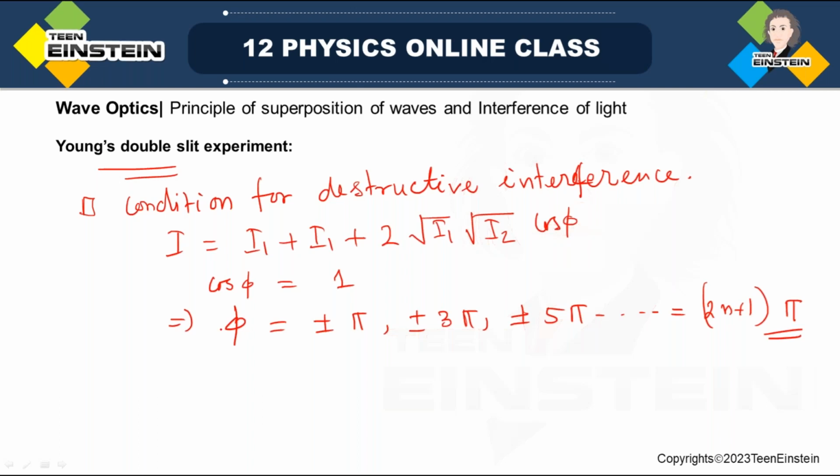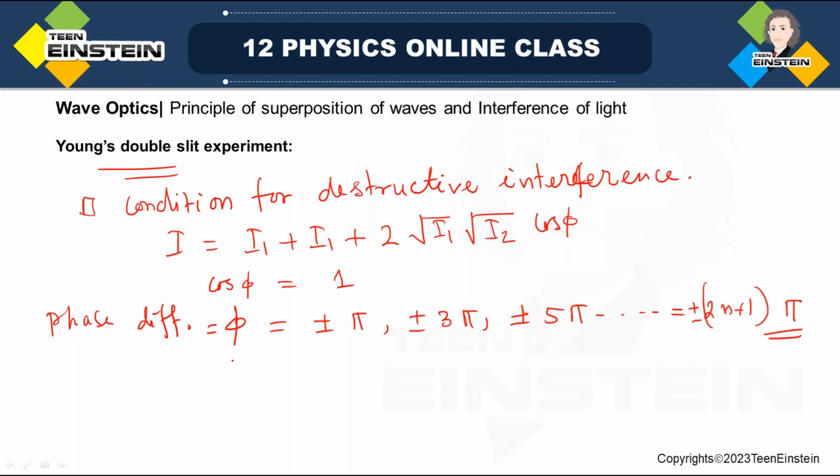So this is the phase difference. Phi here means delta phi itself. In terms of phase difference, the phase difference has to be plus minus pi, plus minus 3 pi, plus minus 5 pi, etc. But what about path difference?